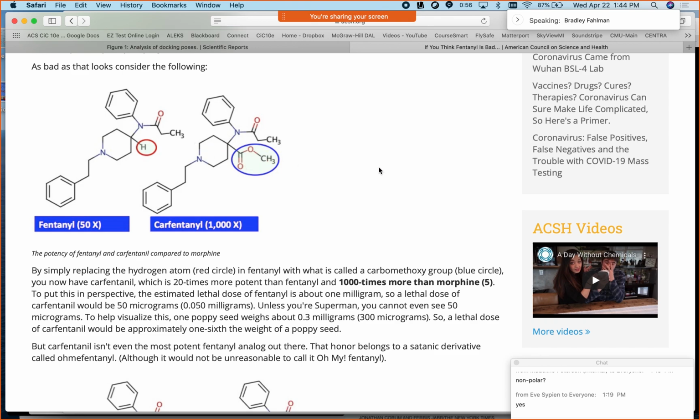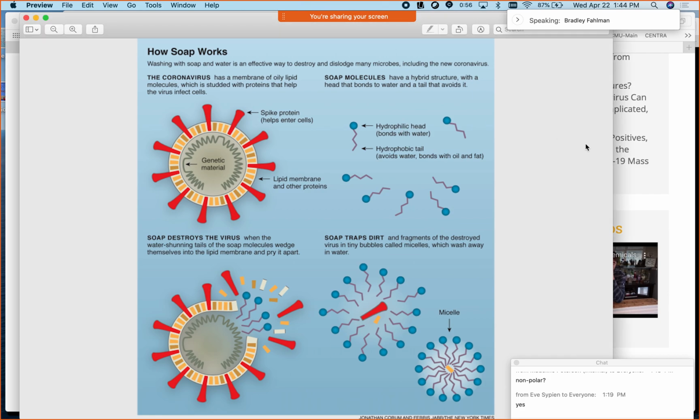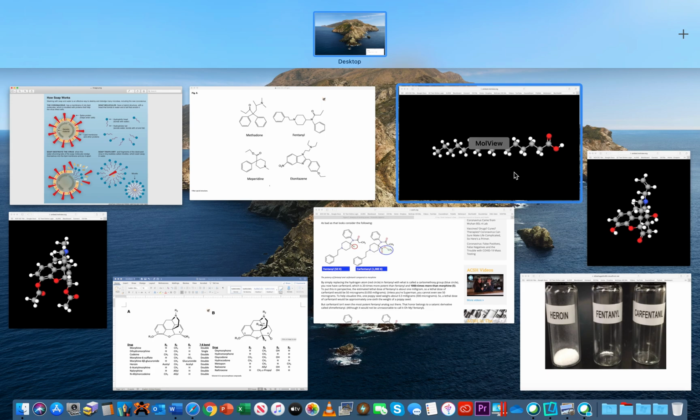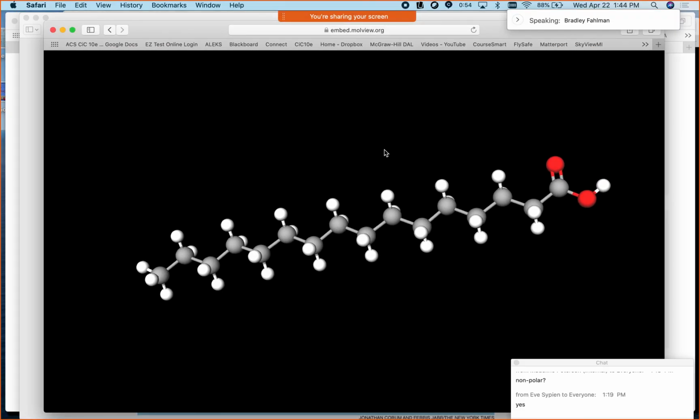Okay. All right. So the last application I want to talk about is something we're dealing with on a daily basis now: how does soap destroy the coronavirus? And that is, again, like dissolves like. If you look at soap, this is an example of a soap molecule.